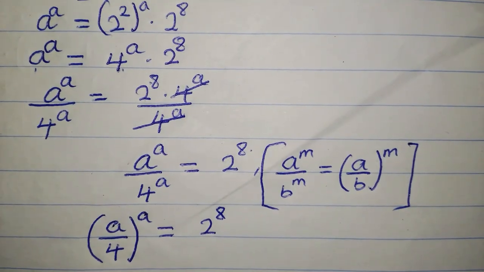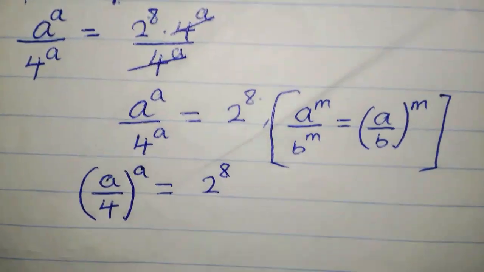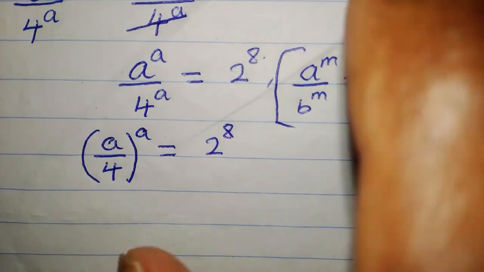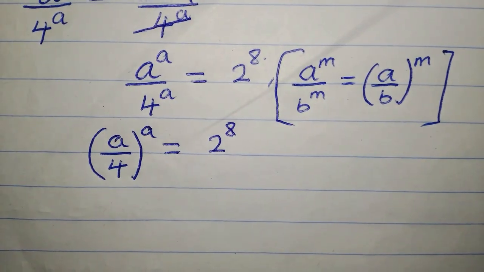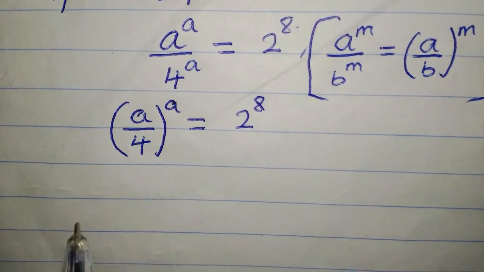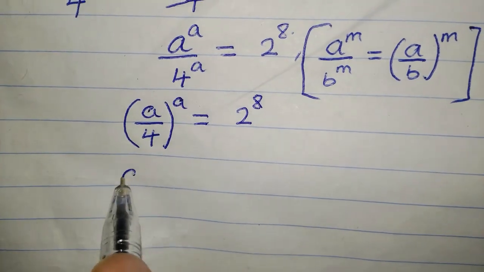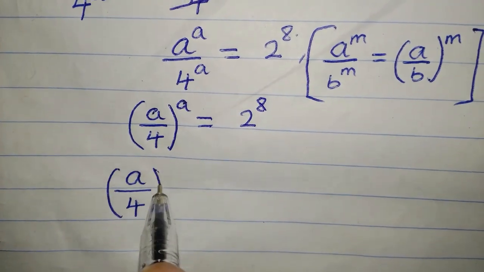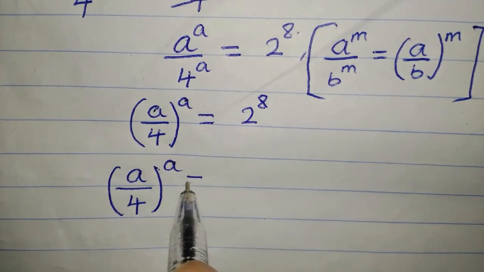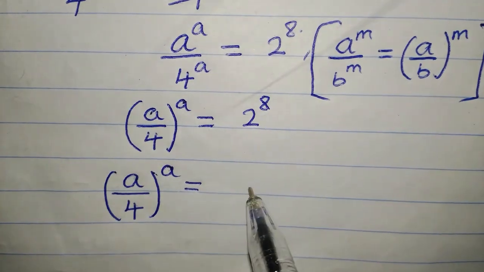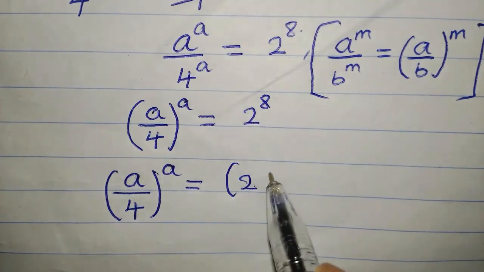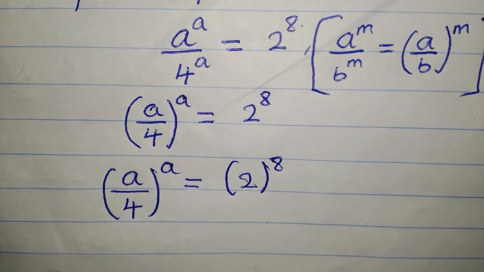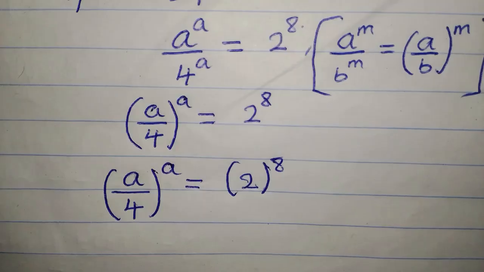We now have a over 4, all to the power of a, equals 2 to the power of 8.